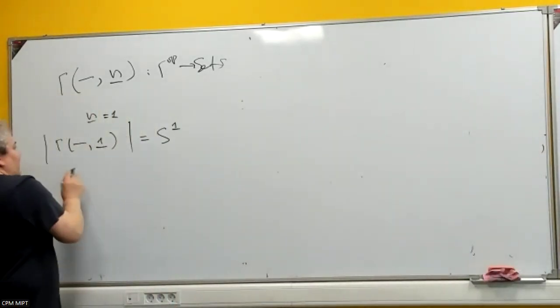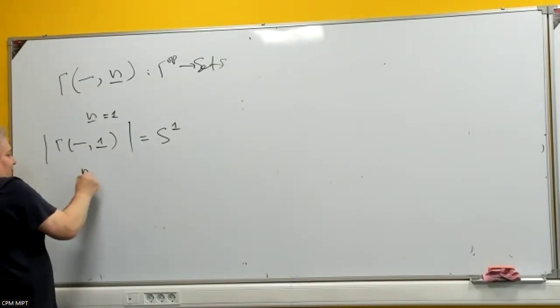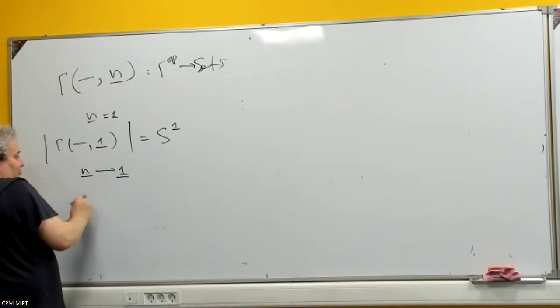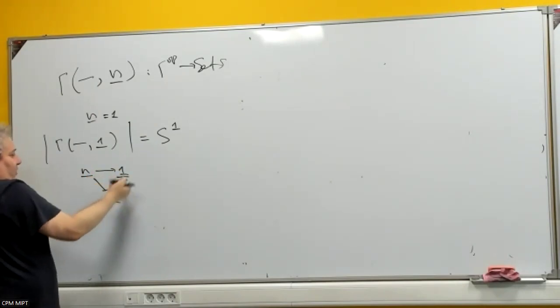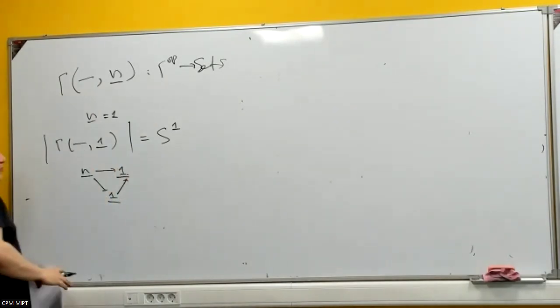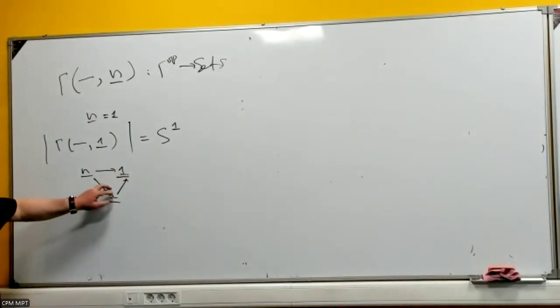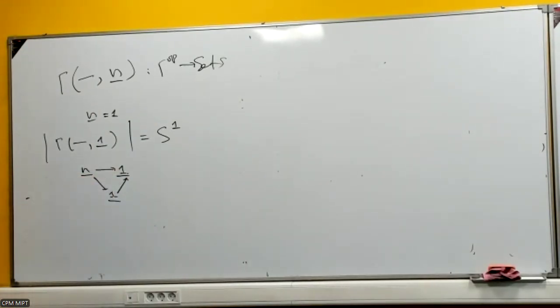So then, if you have an arbitrary map in gamma from n to 1, then this map is necessarily factored through a map from 1 to 1. And here you have actually two maps from 1 to 1, where this element is sent to the empty set or to one element of 1.